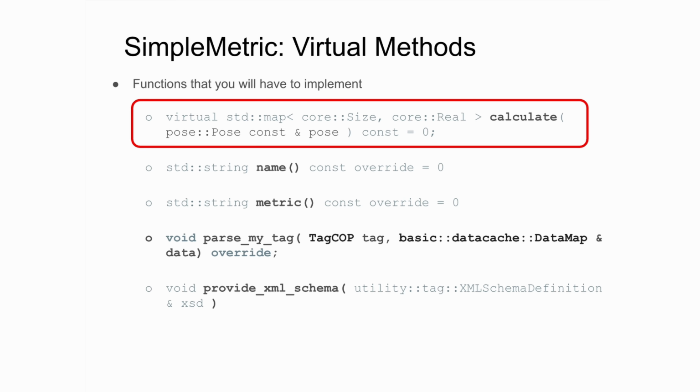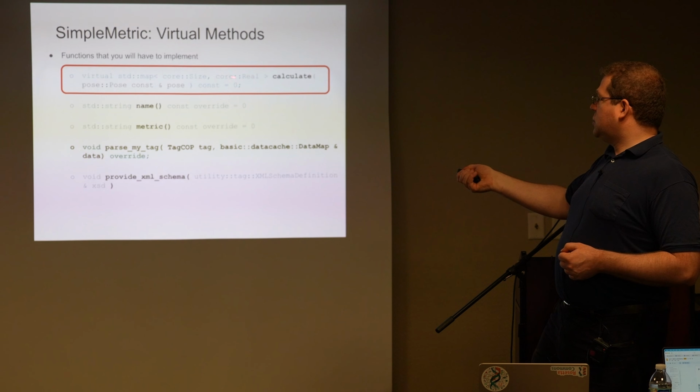The calculate function takes in a pose and then returns a value that's dependent on the particular type that it is. So for a per-residue real metric, it's going to return a map, a dictionary for Python people, that maps a size, which is the residue position, to a real value.